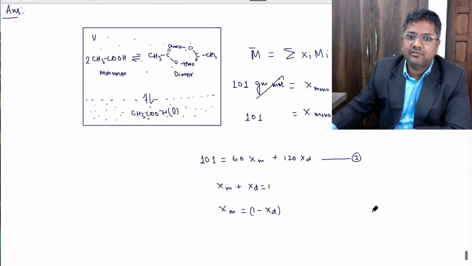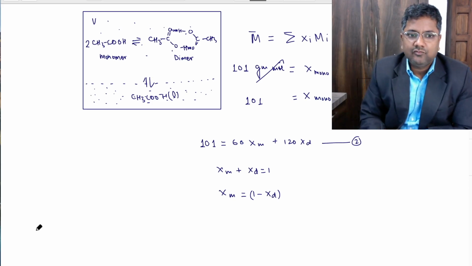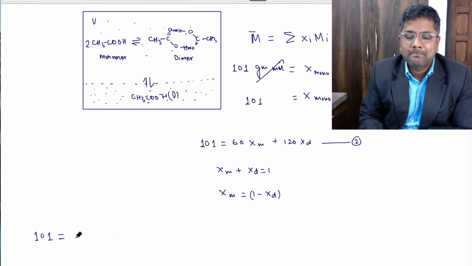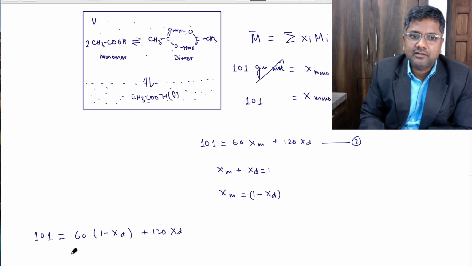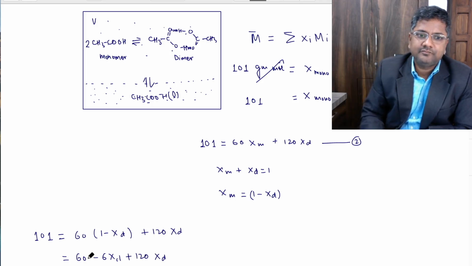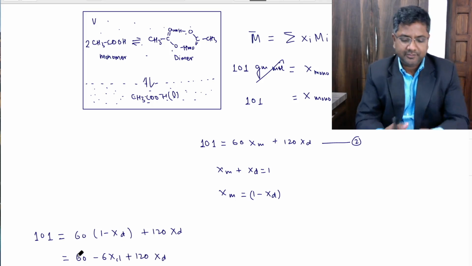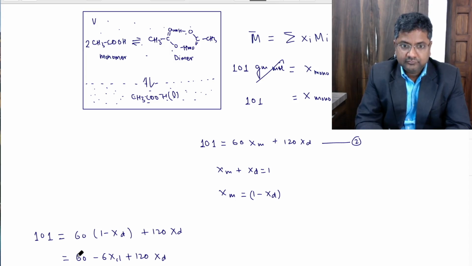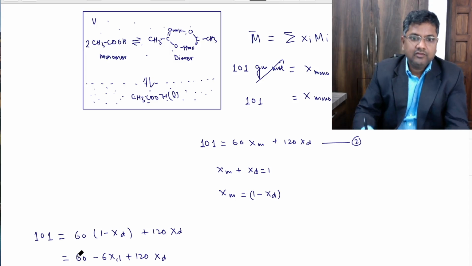So from equation 2 we can write 101 is equal to 60 into 1 minus x dimer plus 120 x dimer. So this is equal to 60 minus 60 x dimer plus 120 x dimer. So 101 minus 60 is 41.